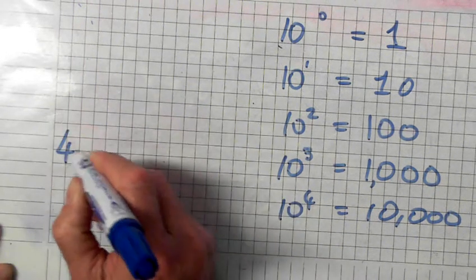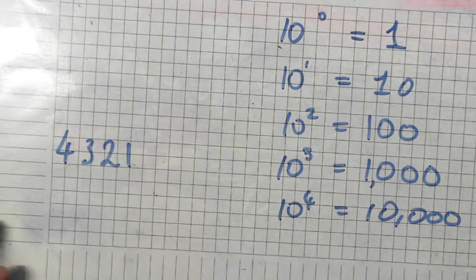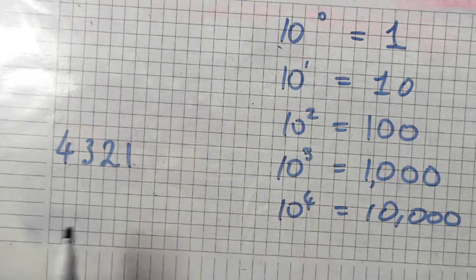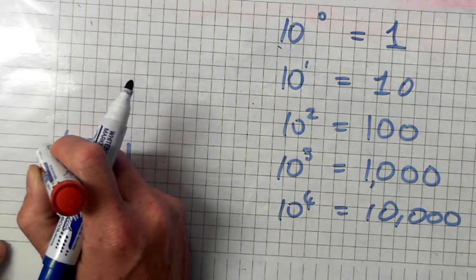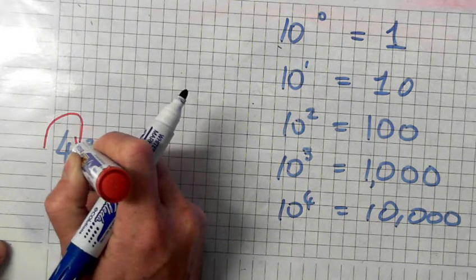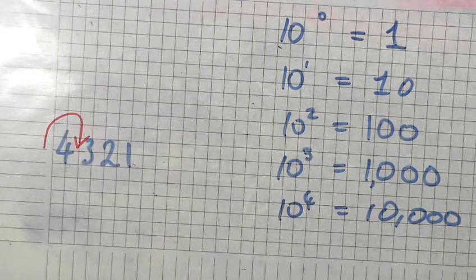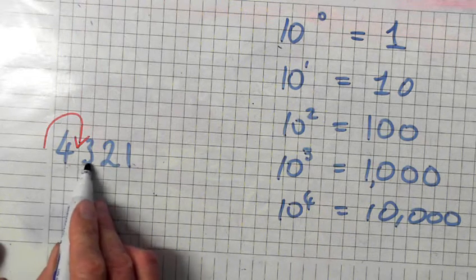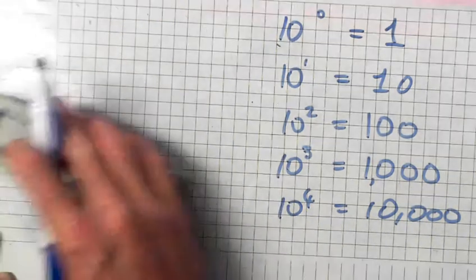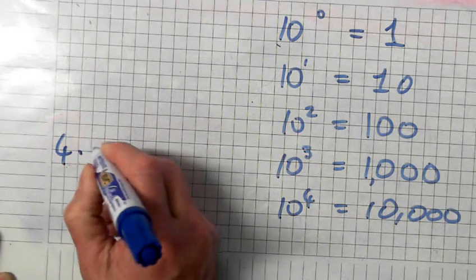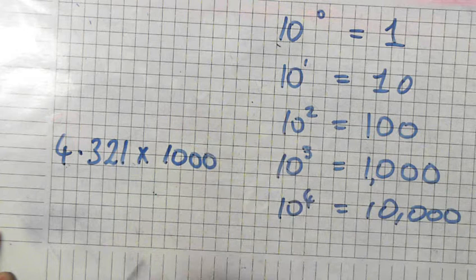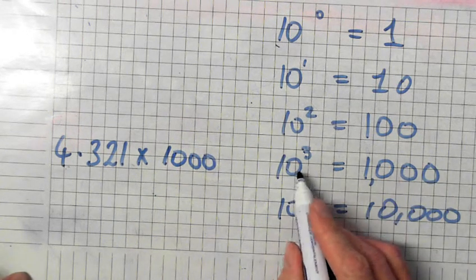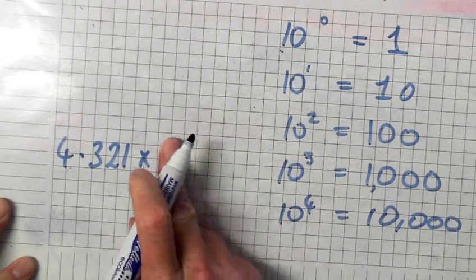What if I had 43221? How do I write that in scientific notation? Same thing. Start from the left hand side. That's where my decimal point is going to go. 4.3221 times 1,000. 1,000 is equal to 10 to the 3. There's 3 zeros.